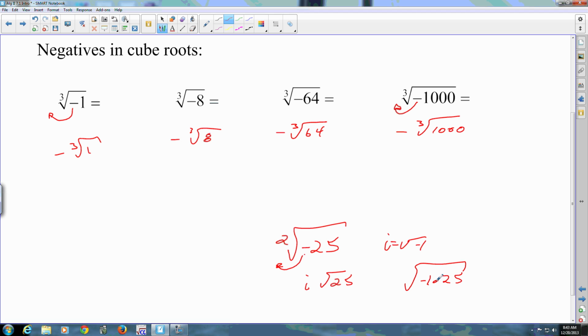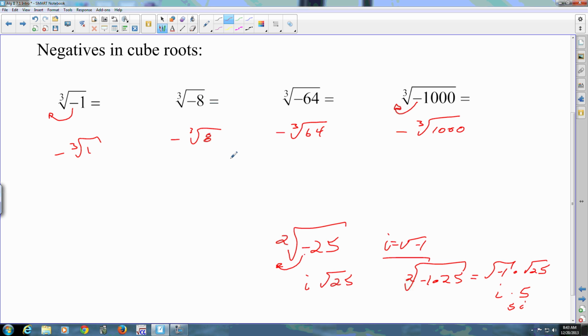It was a square root. So that's the square root of -1 times the square root of 25. So that becomes i, because that's what i is worth, times the square root of 25, which is 5. So your answer becomes 5i. That's what happens when you have an even root.